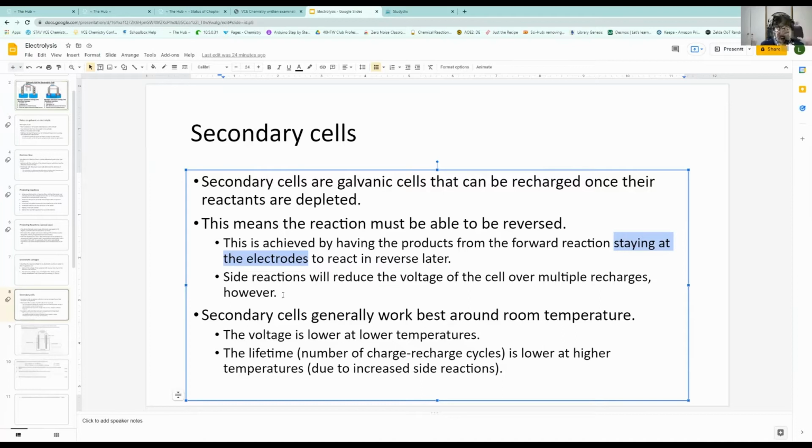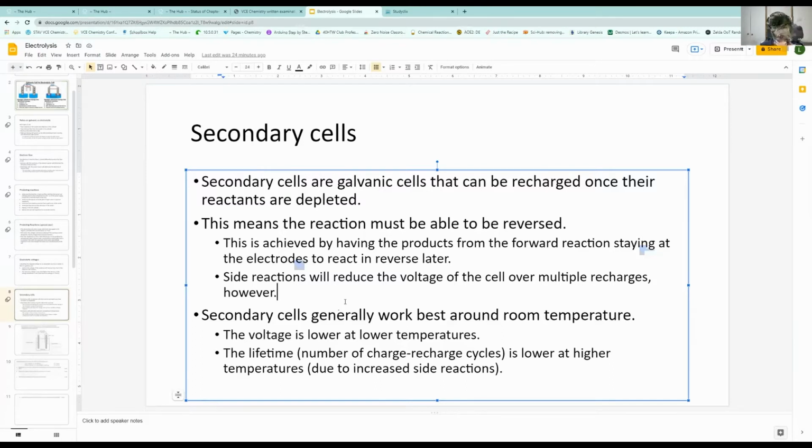Another thing: when you do have a rechargeable reaction, where the products will generally stay at the electrodes that they're formed at, this isn't 100% unable to be affected by anything else. As a cell is recharged over time, with basically any reaction, you'll get side reactions.